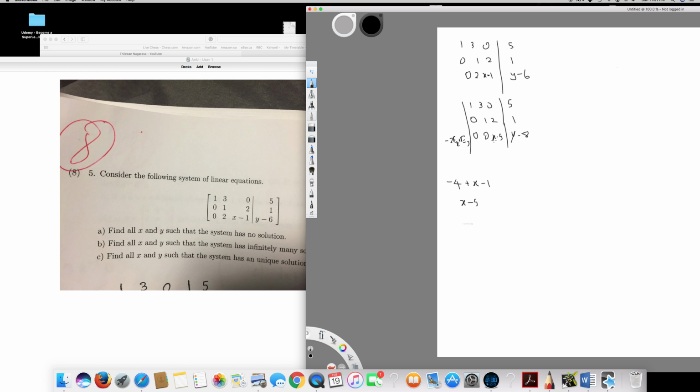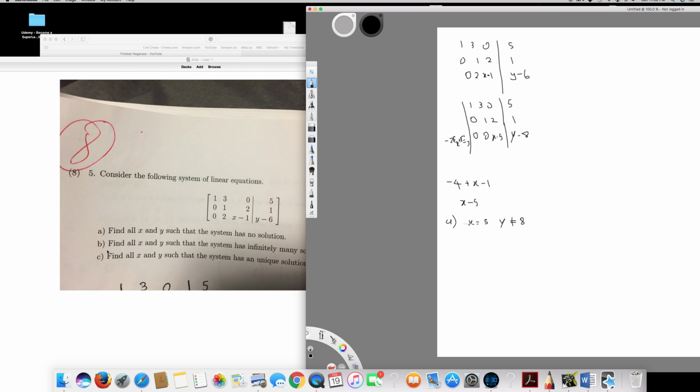So we know when x is equal to 5, this will become 0, right? So x is equal to 5 and y is not equal to 8. Because if y is 8, then this is 0, and if this value is also 0, this means infinitely many solutions. So that's the only exception. y shouldn't be equal to 8, but x should be equal to 5. That's the answer for the A question.